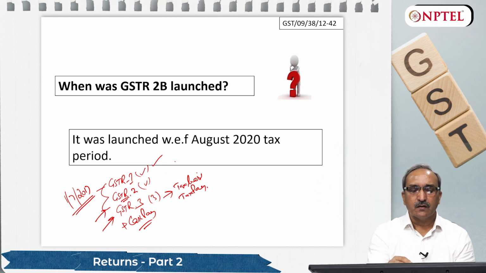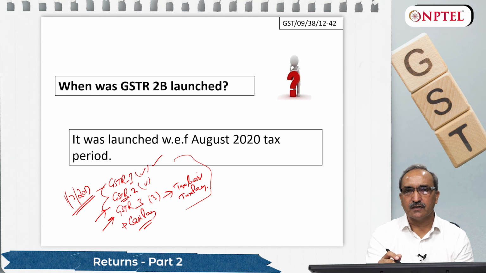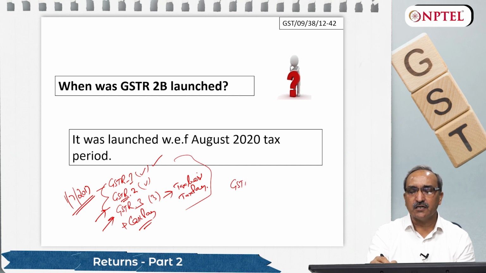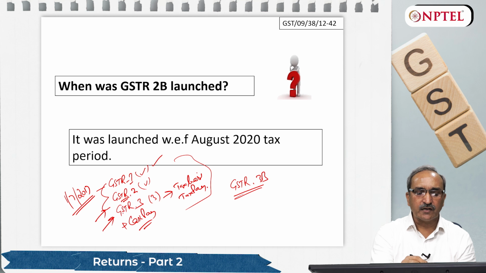So at that point of time, during August 2017, the government came out with GSTR 3B via media to collect taxes, because GSTR 3 was there for payment of taxes, but it could not work.